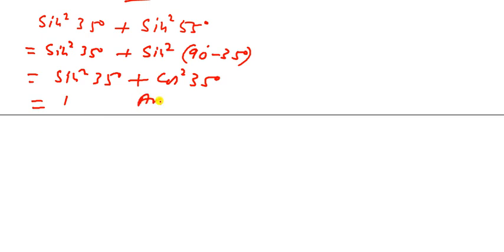So it is sin square 35 degree plus, sin(90 minus theta) is cos theta, so it will be cos square 35 degree. Sin square theta plus cos square theta is 1, and it is your answer.